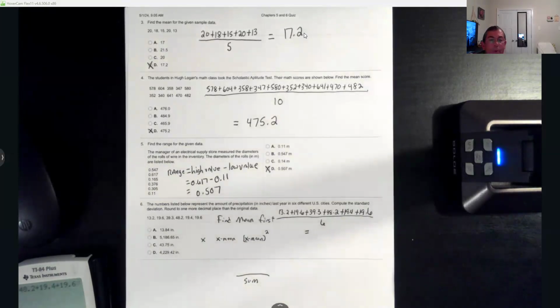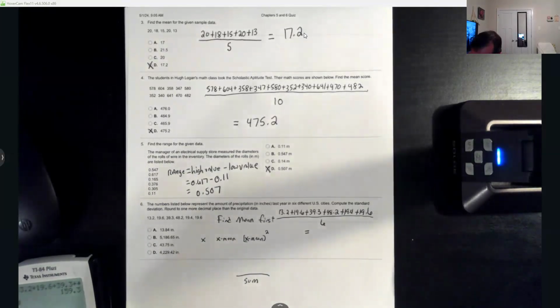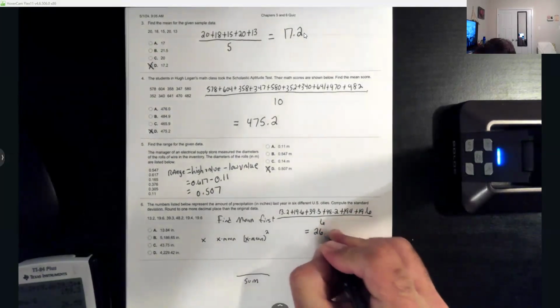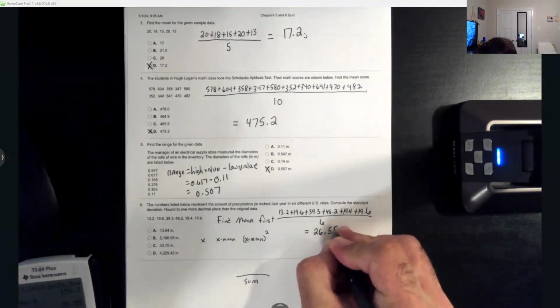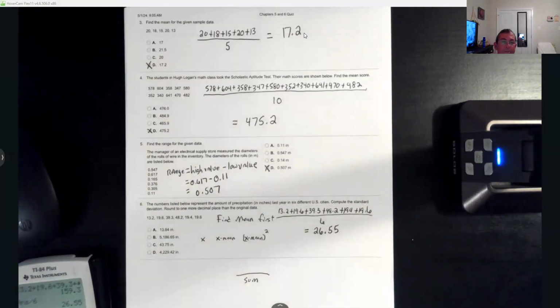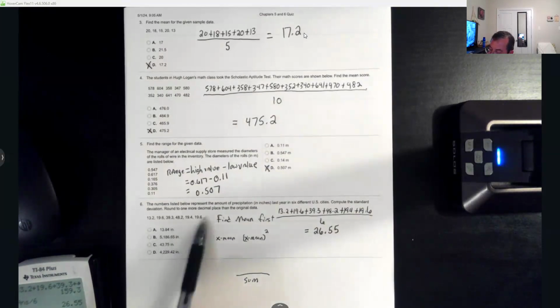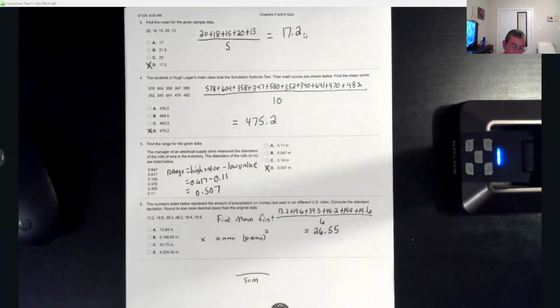All right, so 6 data points, I hit enter, and then I divide that by 6, and y'all, that's giving me 26.55. So that's the average of these 6 points here, okay?